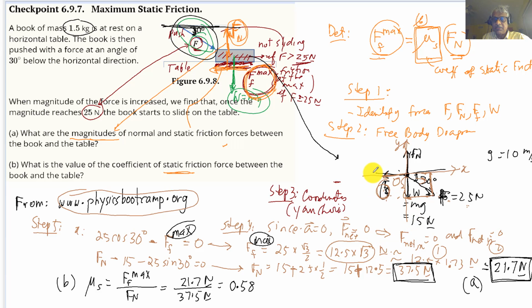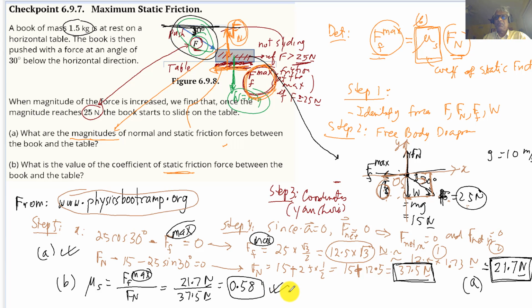So this F_S should have been F_F max. That's what we have when we have 25 Newton. And if we complete all of that, then A is done. For B, we just take the ratio of the max friction to F_N, and I find 0.58.